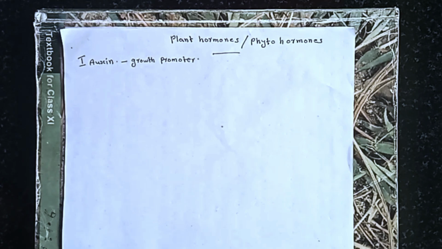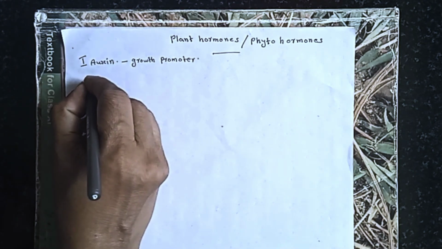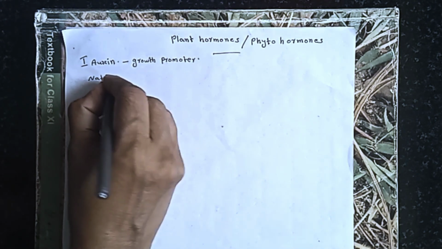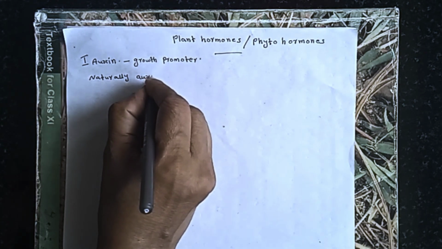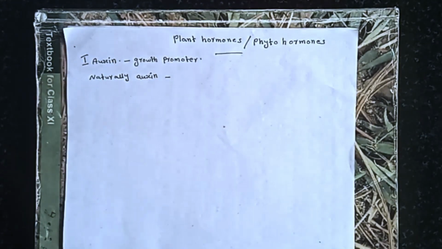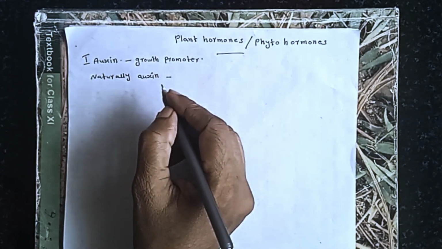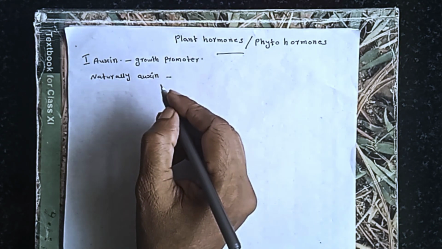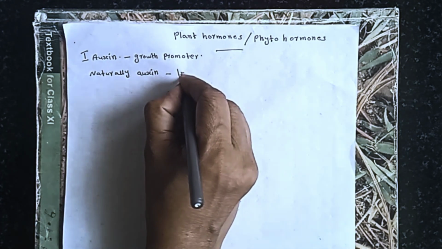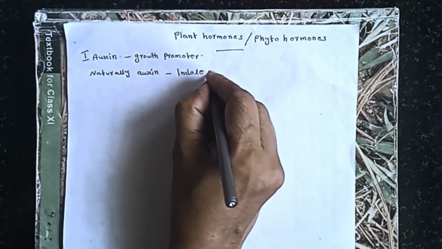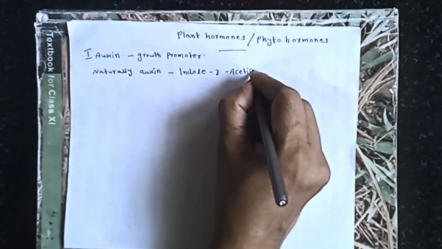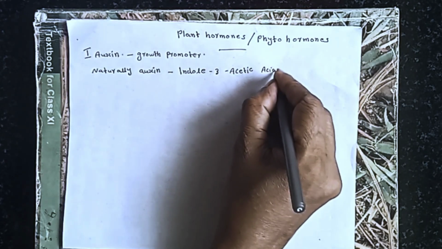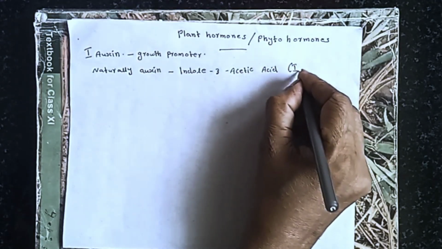The naturally produced auxin is indole 3-acetic acid. That is IAA.